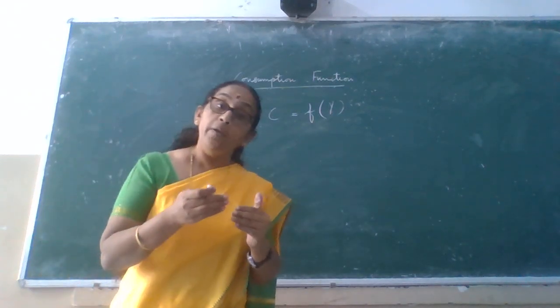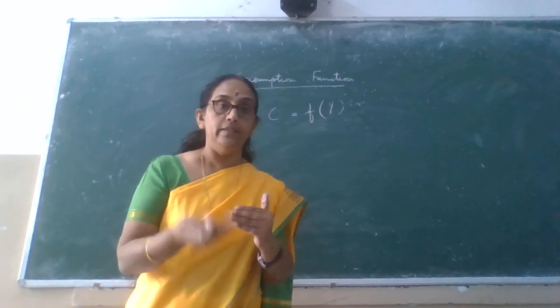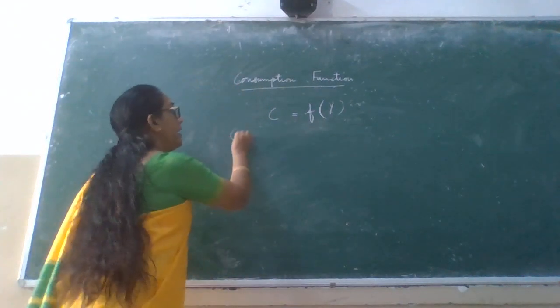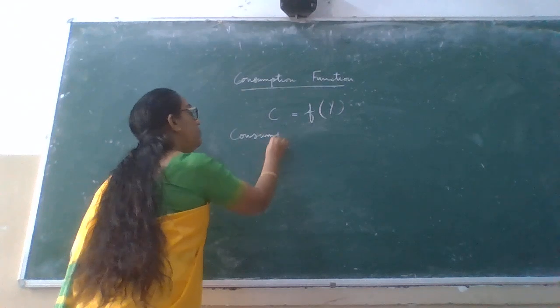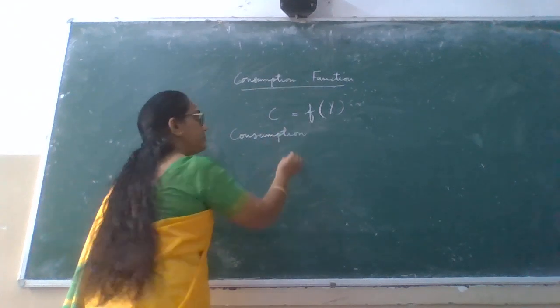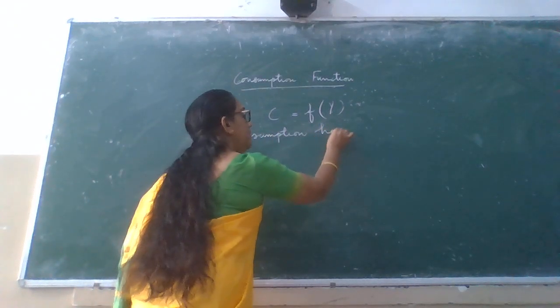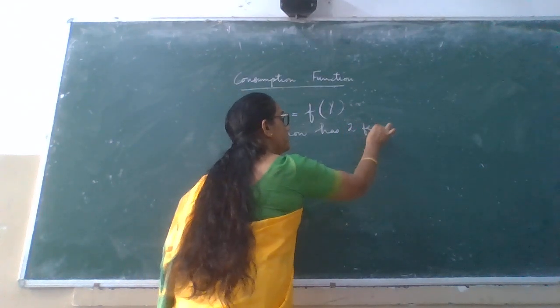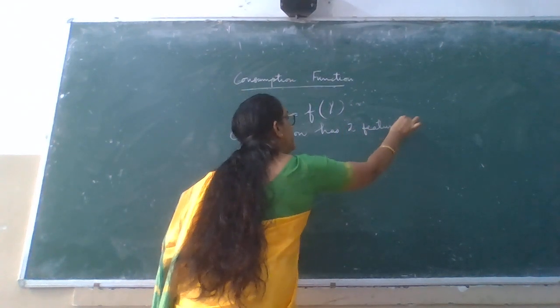Now, Keynes elaborates this principle further. Keynes says that the consumption level in an economy has two important features. What are the features?